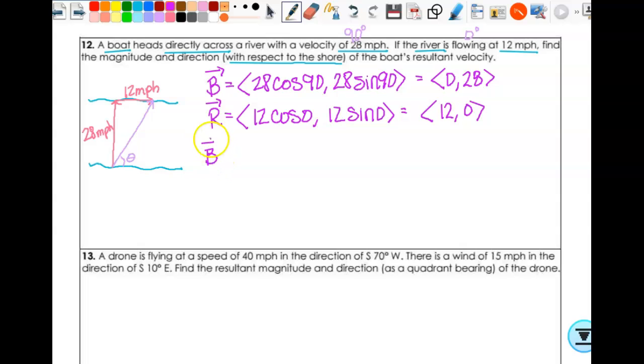So adding these vectors is super easy. Don't need the calculator at all. It's 12, 28. So then to find the magnitude of the resultant vector, that is the square root of 12 squared plus 28 squared.